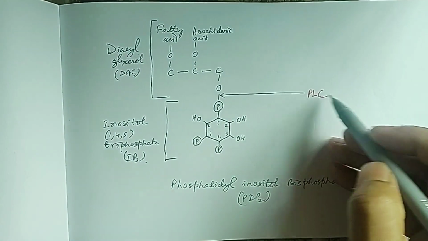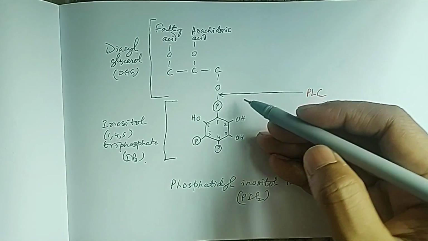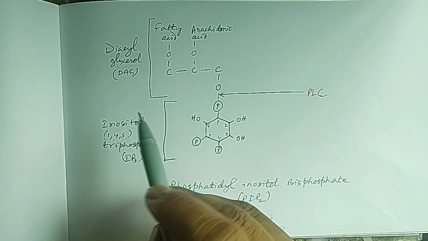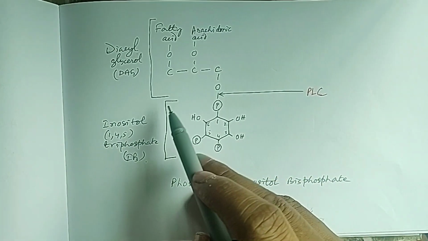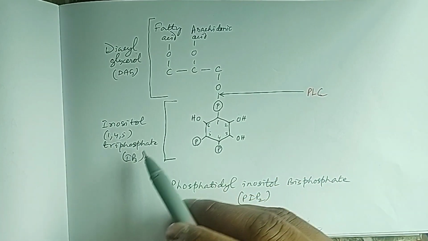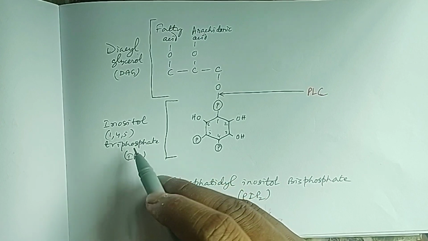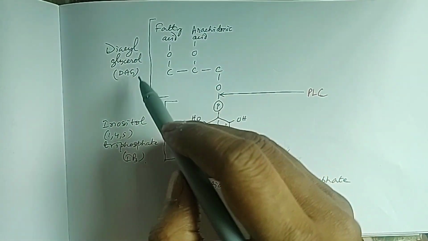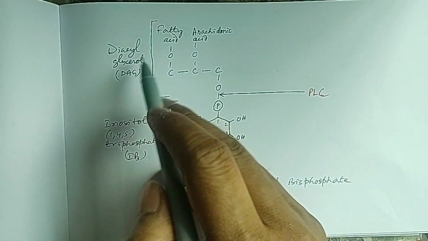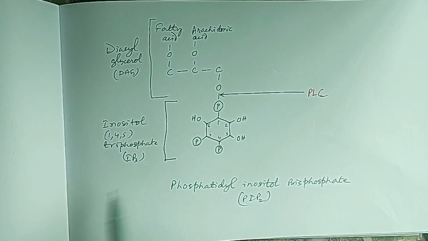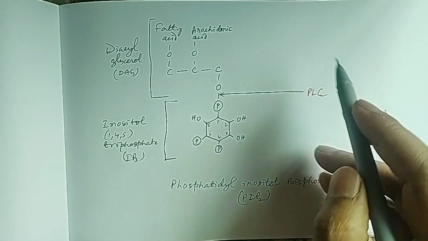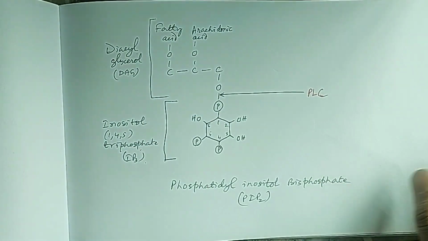When phospholipase C targets PIP2, it becomes two parts. One is inositol 1,4,5 triphosphate, IP3, and the second part, containing fatty acid arachidonic acid, is the diacylglycerol. So PIP2 in presence of phospholipase C becomes IP3 and DAG.